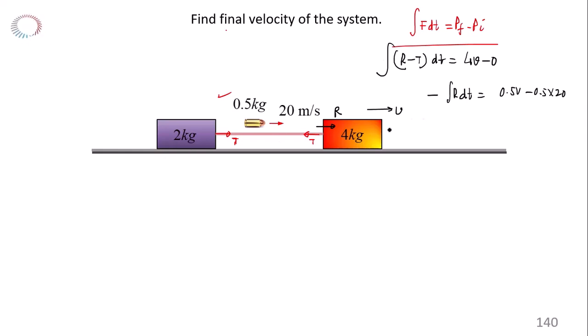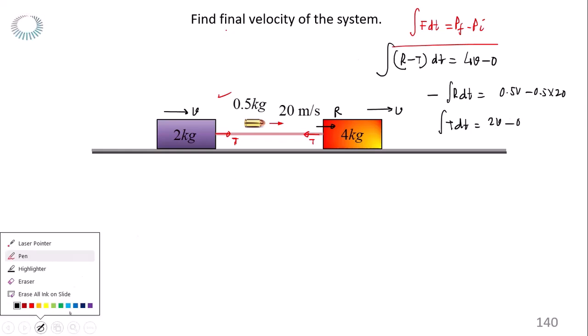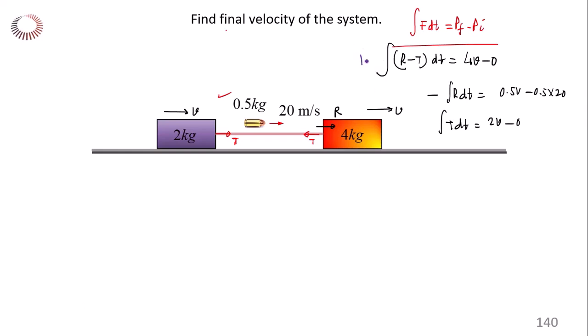Similarly, on the 2 kg block, the impulse is in the forward direction, so integration of T dt equals P final minus P initial. After the impact is over, the 2 kg also moves with velocity v, so it is 2v minus 0. So first write these 3 basic equations: equation number 1, equation number 2, and equation number 3.